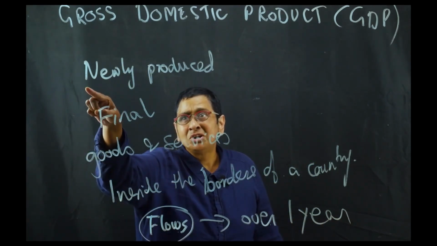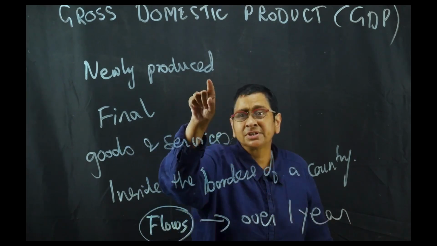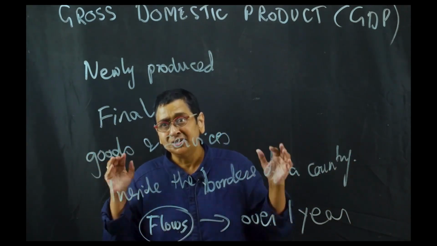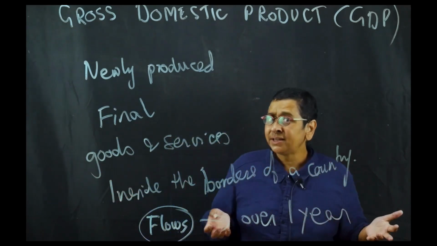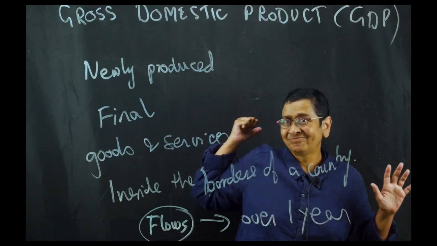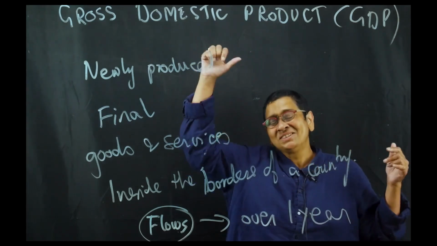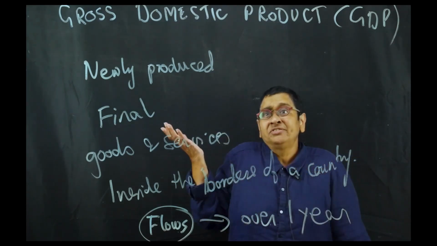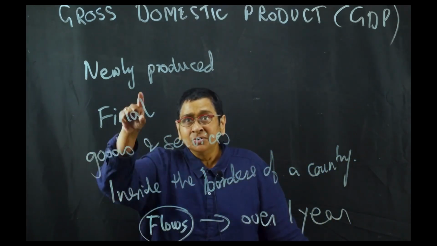And I'm going to look at all newly produced stuff that I produced in that year. So second-hand cars are not part of GDP because they counted the year they were produced. If you count them this year, you counted them when they were produced, you're counting them again, you're counting them more than once, you don't actually have new stuff. Newly produced.